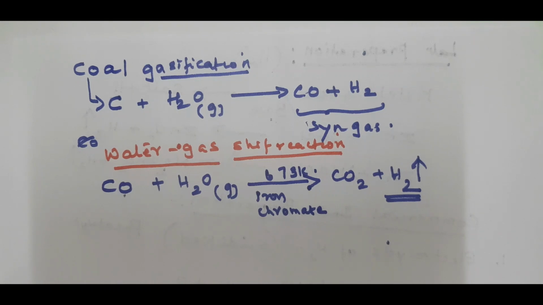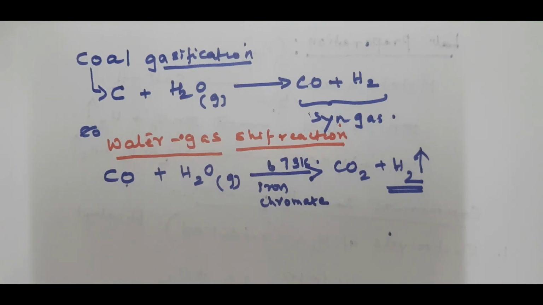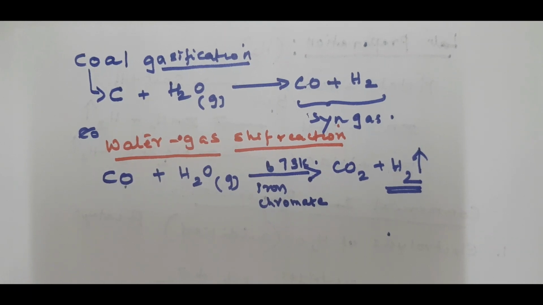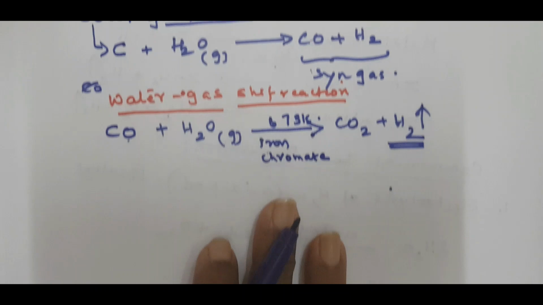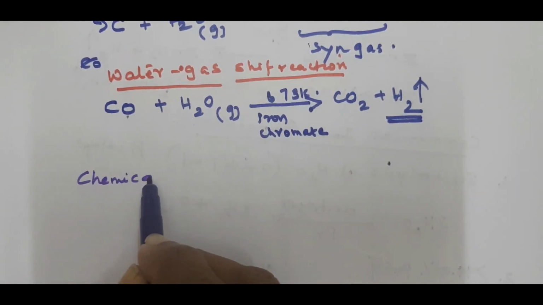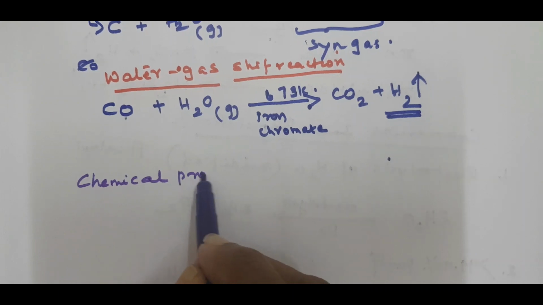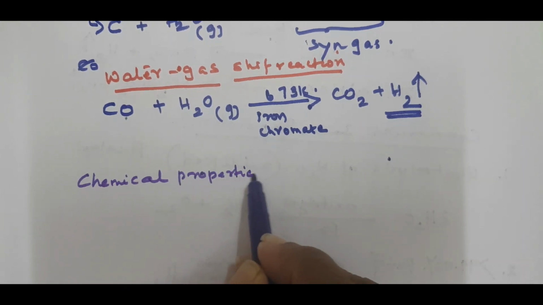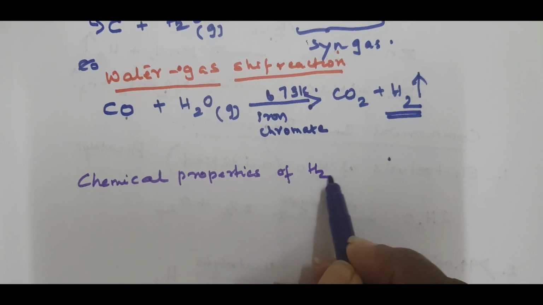Now, coming to the physical properties: hydrogen is colorless, odorless, tasteless, and also a combustible gas, isn't it? It is lighter than air and insoluble in water. Now we will see the chemical properties of hydrogen one by one.